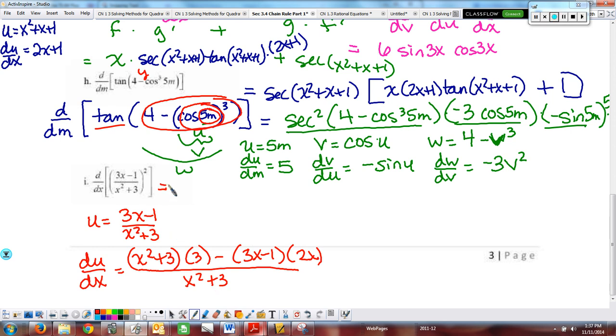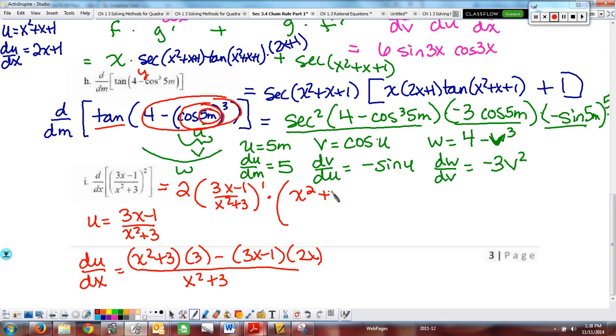Now once I take that out, now I'm good. I only really had 2 functions. This really complicated inside function, and now this is u squared. The derivative of u squared is 2u to the 1 times the derivative of the inside function. So we end up with this whole nice complicated thing.